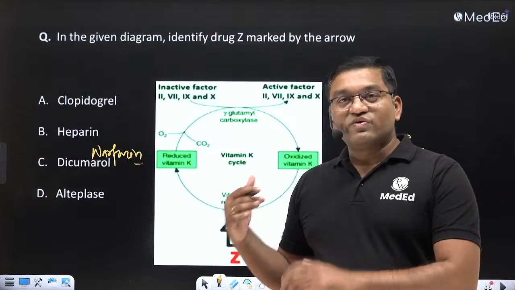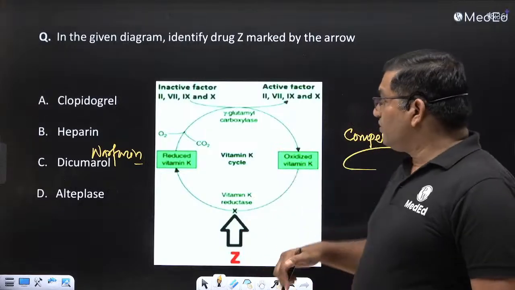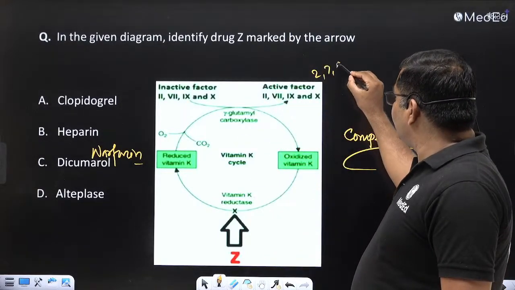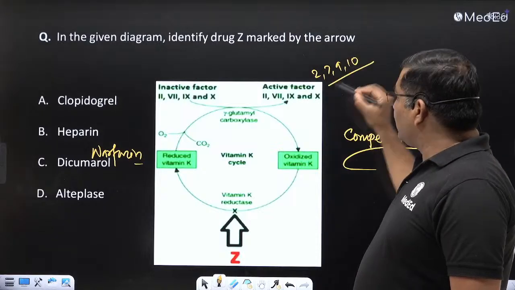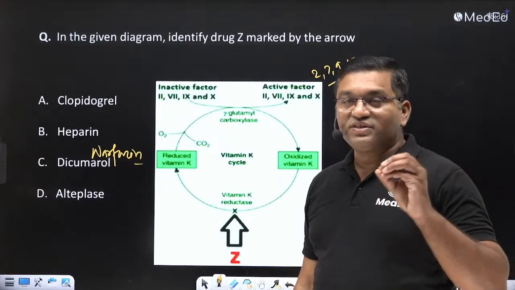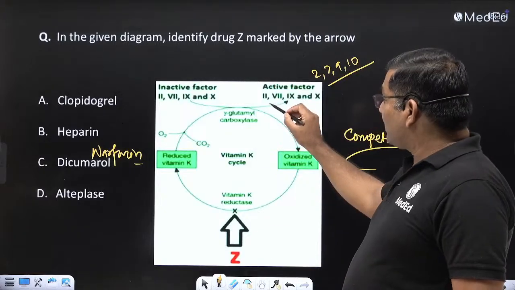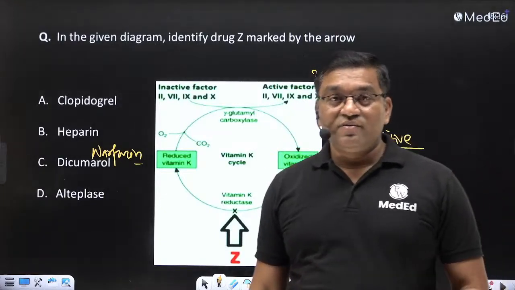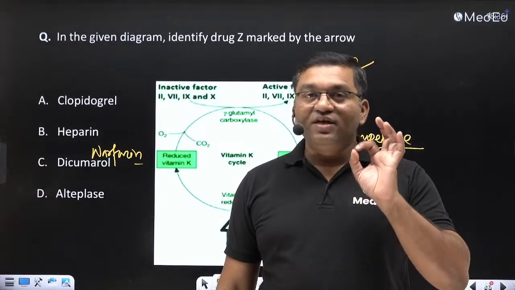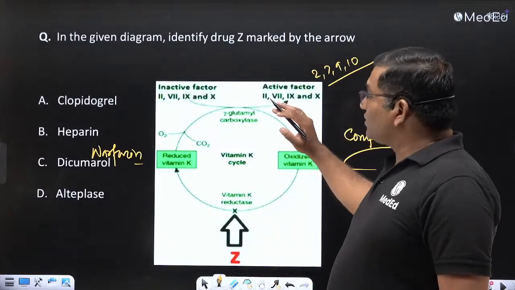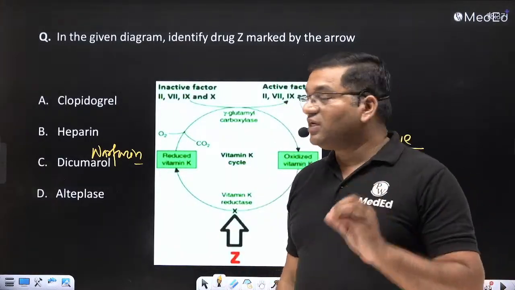This is also a question from the genetic topic because it causes the activation of factor 2, 7, 9, 10 by post translational modification, post translational gamma carboxylation. Remember this.